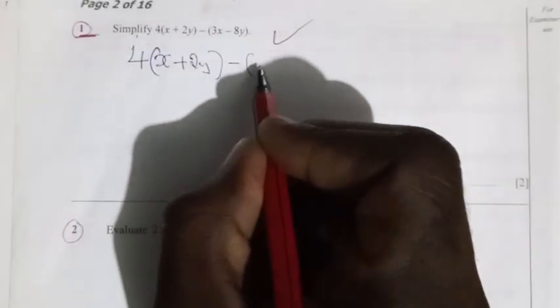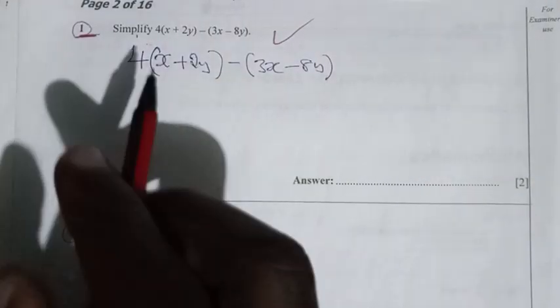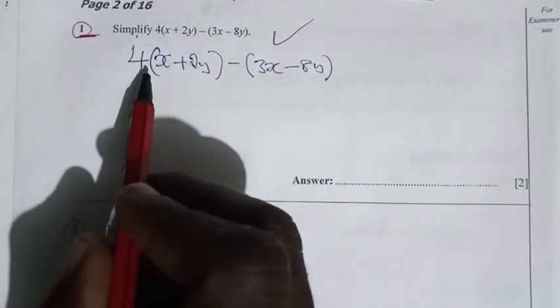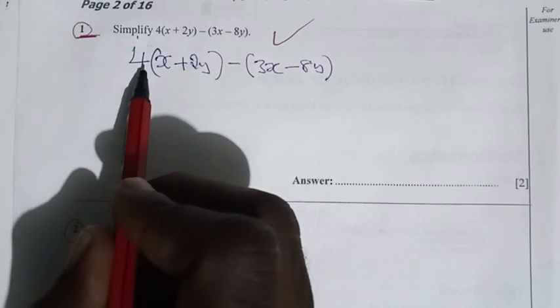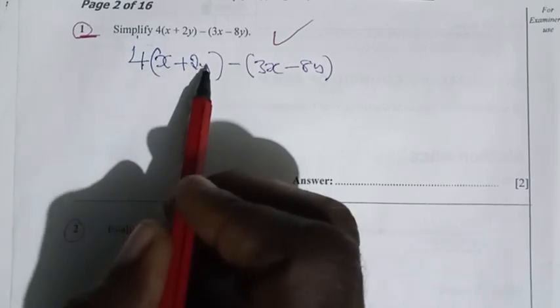4(x + 2y) − (3x − 8y). So what do you do first? We remove the brackets. How do you remove the brackets? We multiply the number outside the brackets times everything inside.